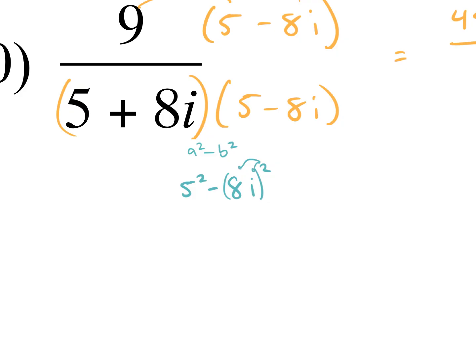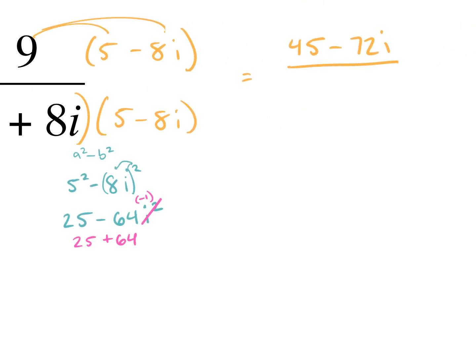What's 5 squared? 25 minus, what's 8 squared? So 64i squared. What does i squared change to be? Negative 1. So negative 1 times negative 64? Positive 64. So we have 25 plus 64 would be 89.